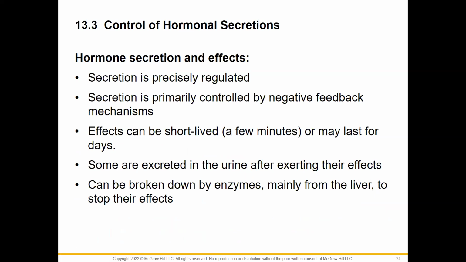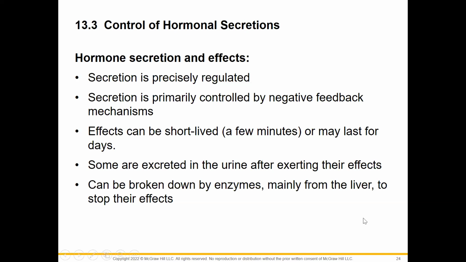Hormone secretion and effects. The secretion is precisely regulated. Hormones, because they're so powerful, even in small amounts, need to be highly, highly regulated in the body. There's lots of checks and balances to make sure that the body is not over or under producing hormones, so that we have just the right amount produced for our needs.